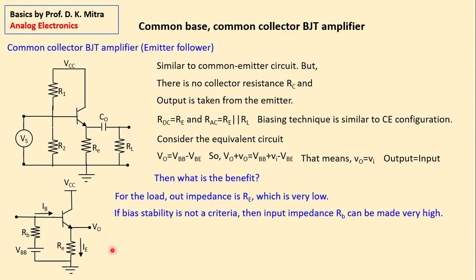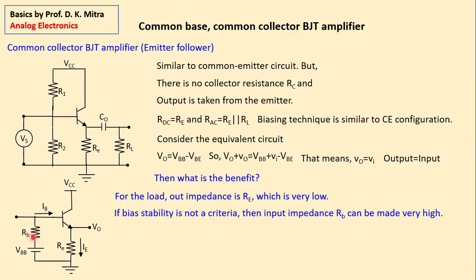And second point, remember the value of Rb is equal to beta Re by 10. That is to ensure beta stability of the bias. If you make that calculation, the Rb value becomes moderately high, between 5k ohm to 6k ohm, right? And if beta stability is not a very important factor, then Rb can be made still higher.